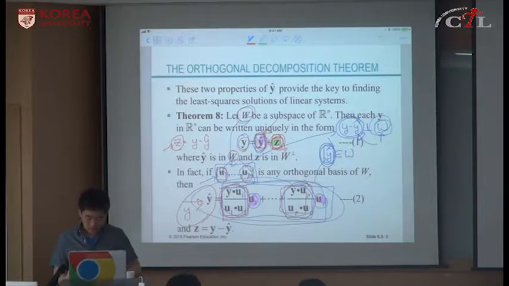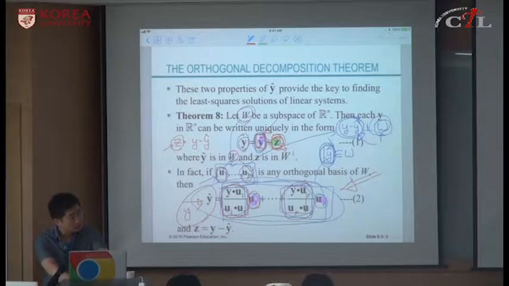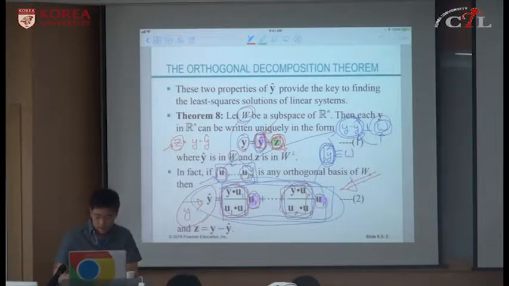Such a linear combination of these u1 through up has this kind of form. Now, in the last part of our lecture, in last Tuesday's class, we discussed briefly their existence and uniqueness.